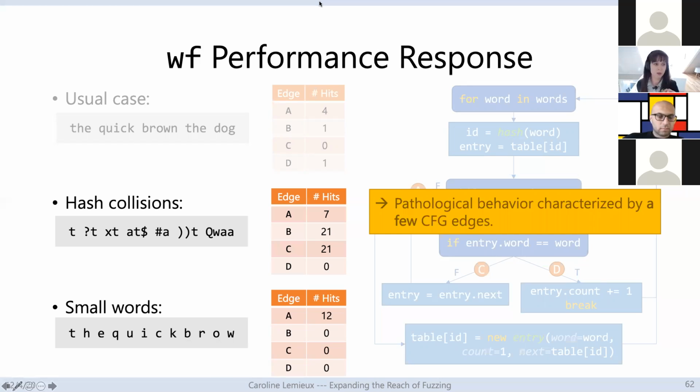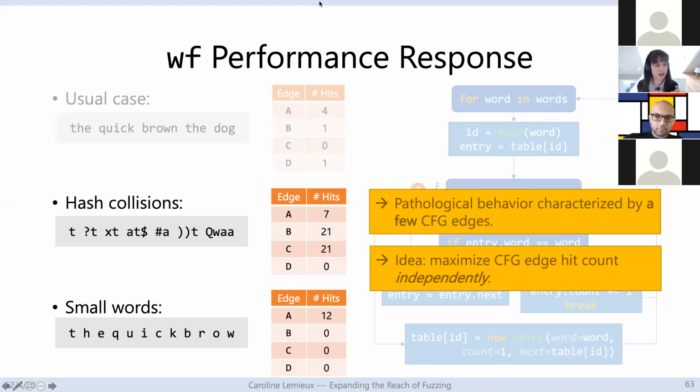Well, if you look at them, really the worst case from, say, hash collisions is that those particular edges in the control flow graph were hit a maximal number of times. And so what if we have an algorithm that maximizes the hit counts to each of these edges independently? Then we should be able to consistently find these inputs as opposed to getting stuck in local minima.